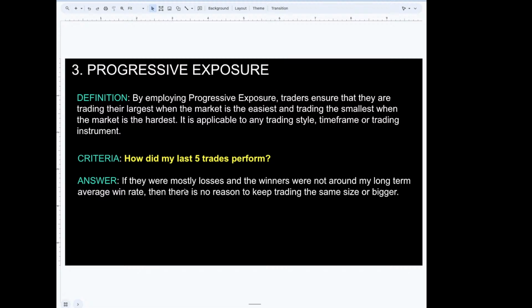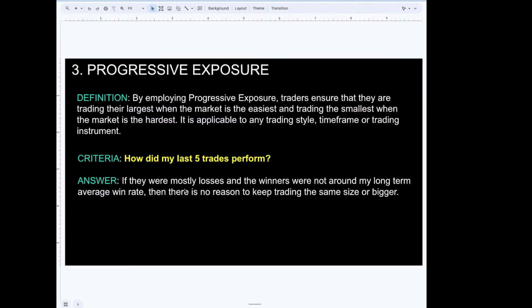By not having fixed rules and respecting the market's behavior, traders often end up making mistakes, leading to significant losses. Progressive exposure, when done correctly, ensures that you're incrementally investing in the right direction based on the market's response to your investments.